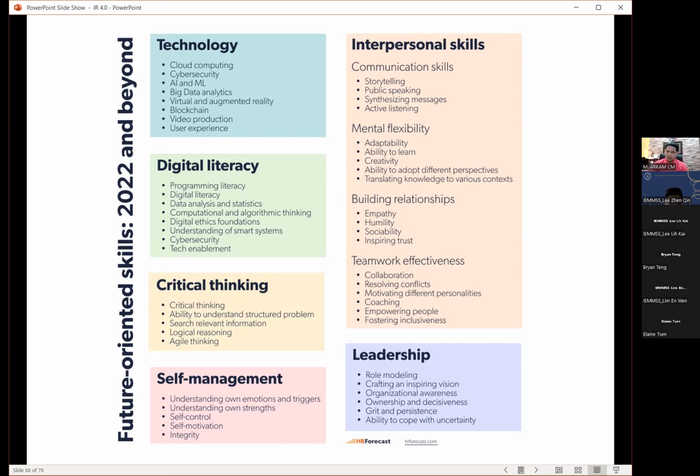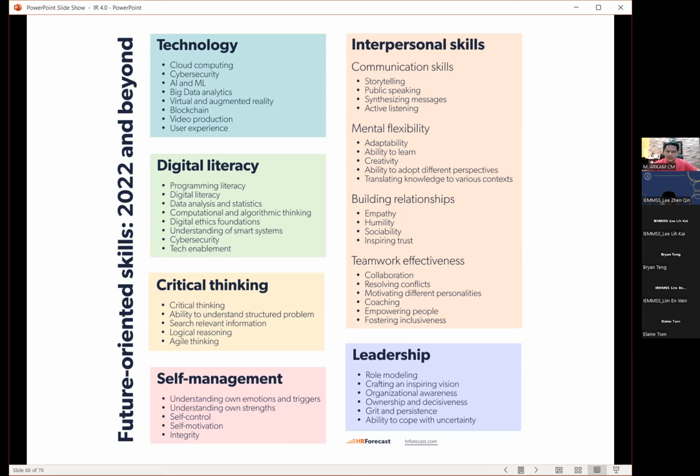Leadership, for example, role model. You need to be a very prominent role model for others, especially for the young generations. Crafting inspiring vision, organizational awareness, how you organize things, how you put things right, how you evaluate the team strategies and the functions.